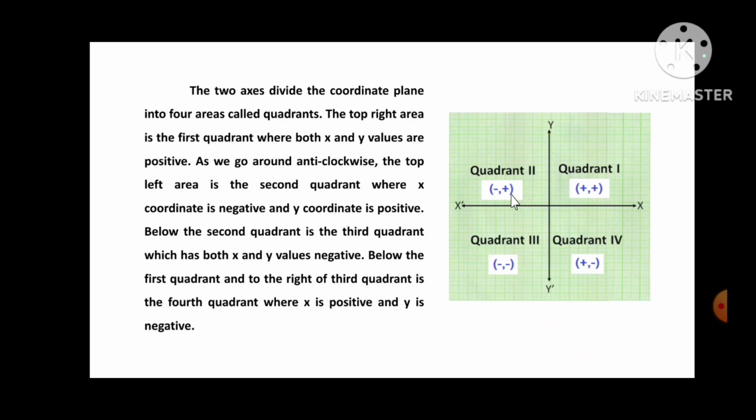Below the second quadrant is the third quadrant, which has both x and y coordinates negative. Below the first quadrant there is the fourth quadrant, where x is positive and y is negative.